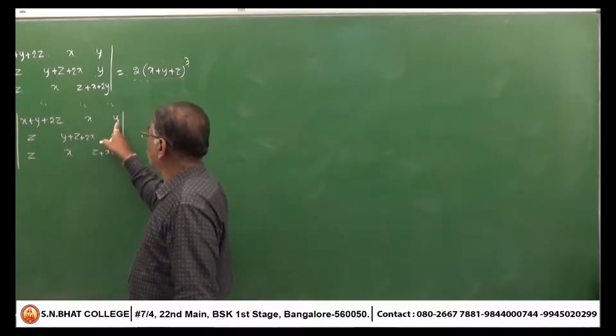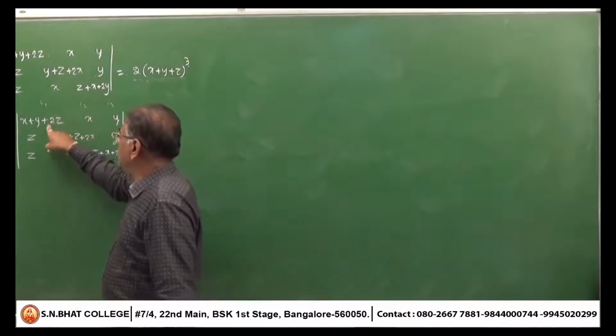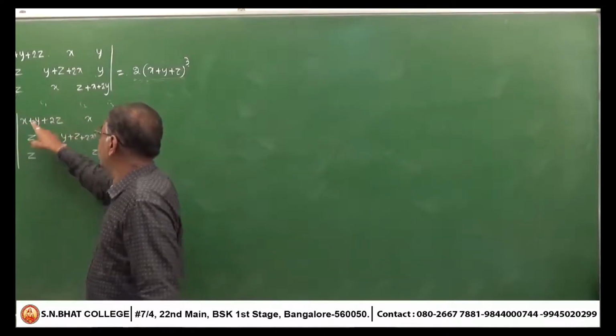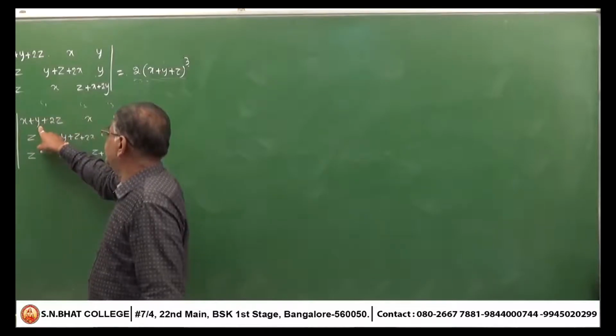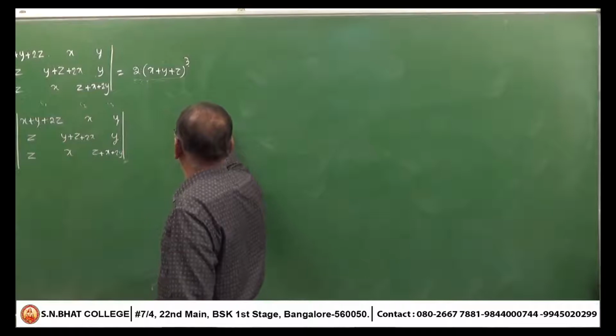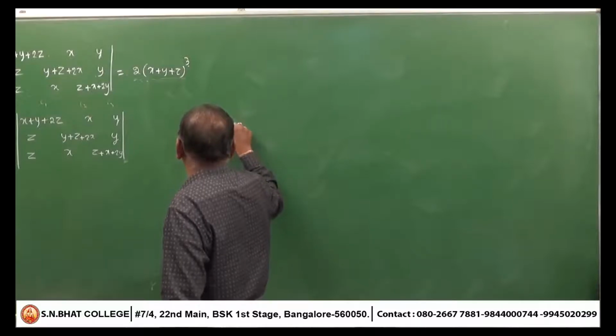If you add the three columns, this plus this plus this, already 2z is there. If you add, x plus x becomes 2x, y plus y becomes 2y, plus 2z. You will get 2x plus 2y plus 2z, 2 common factor, 2 into (x plus y plus z).